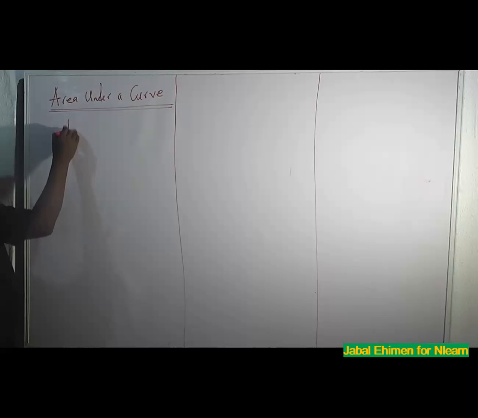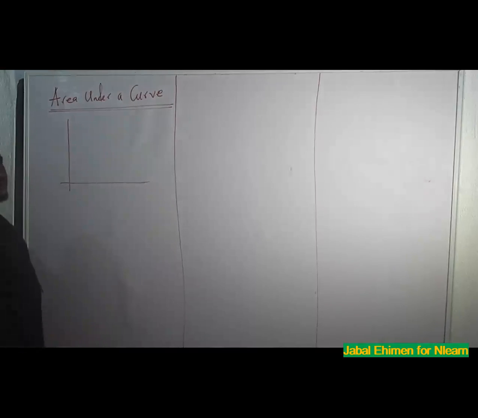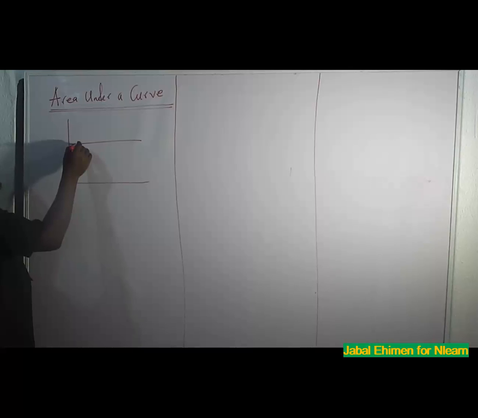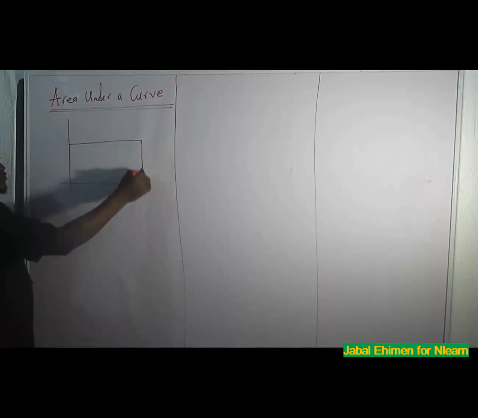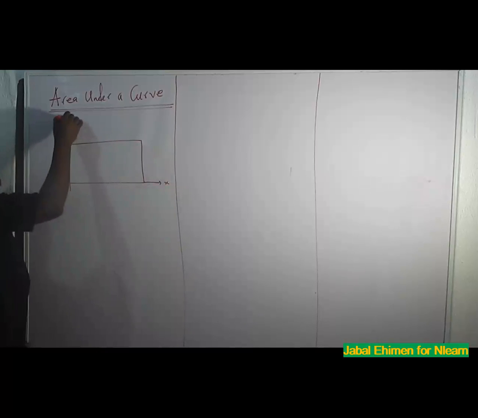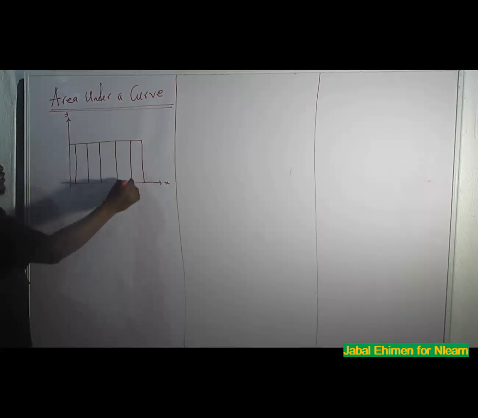If you have a graph of this nature, you observe that under this curve, under this graph, for the x-axis and the y-axis, you can have partitions. That's the word, partitions. That's in different parts, partitions of this nature.